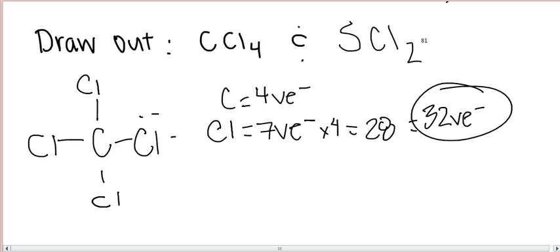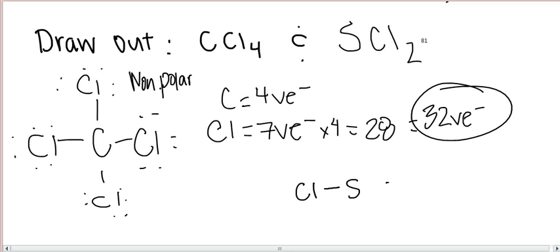So then we would add electrons to each one to equal 32, which it does. This has no lone pairs, which means that we would have a nonpolar molecule.